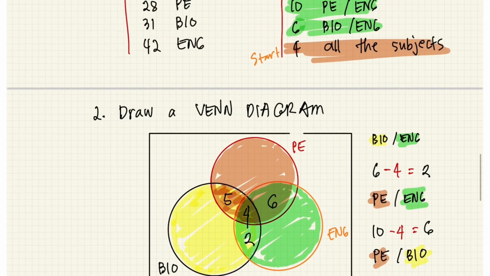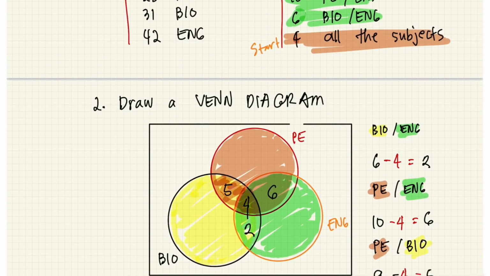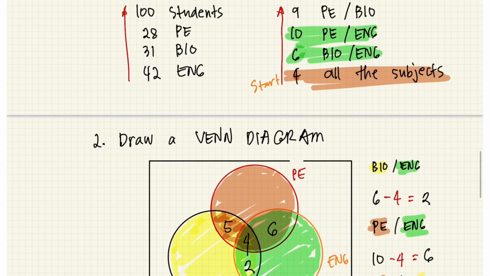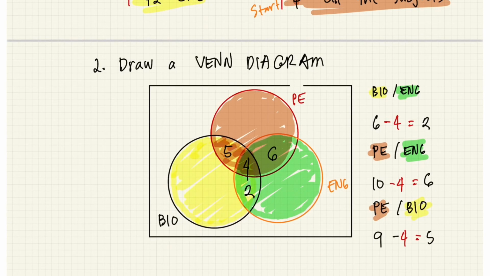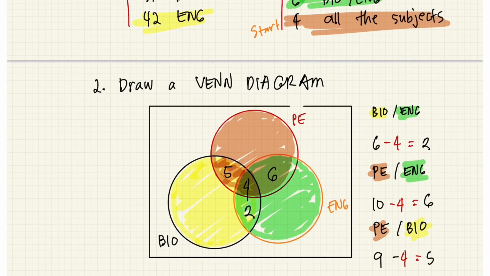Now we go to the main set that we have. We're done with the intersections. Now we go for the main set. So we start with English. Now English, there are 42 students for English.